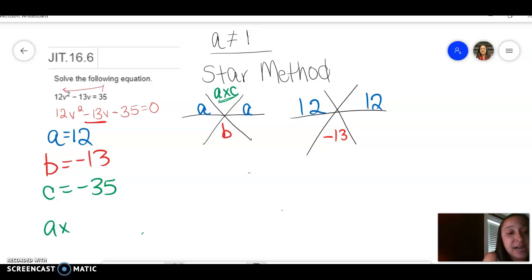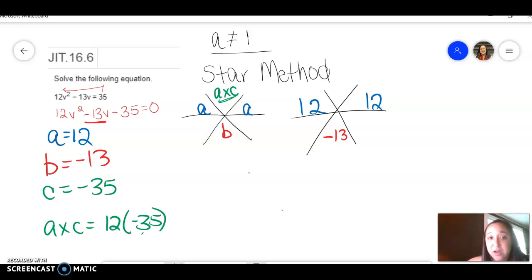So A times C is 12 times negative 35, which is a big number, right? If I multiply that, 12 times 35, I'm not a human calculator, is 420.